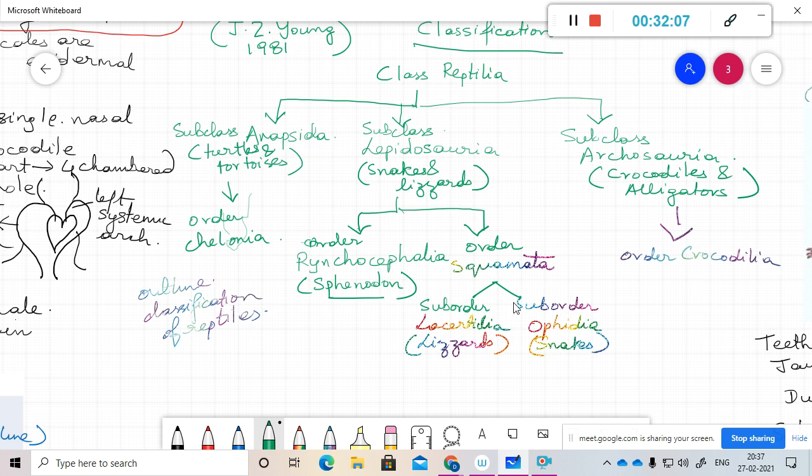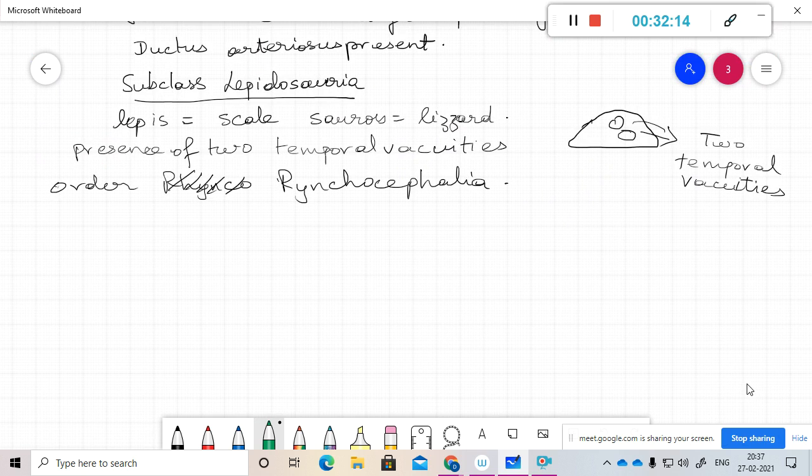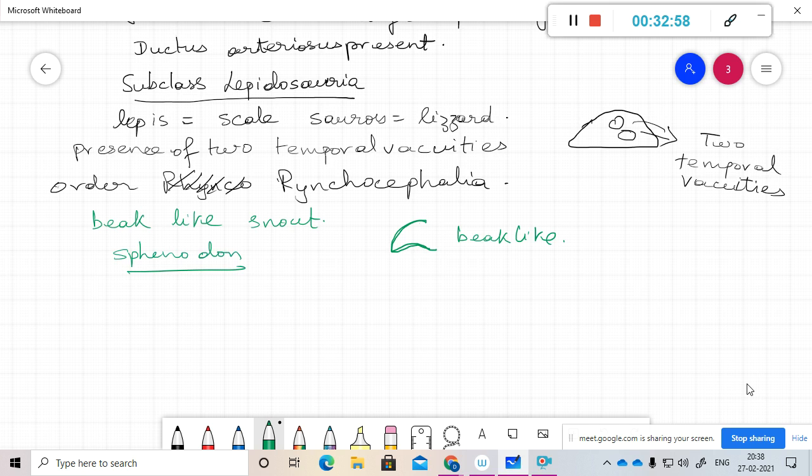So order Rhynchocephalia basically means beak-like snout, or a beak-like head. The head is somewhat like this, beak-like. The example is Sphenodon, also known as tuatara.